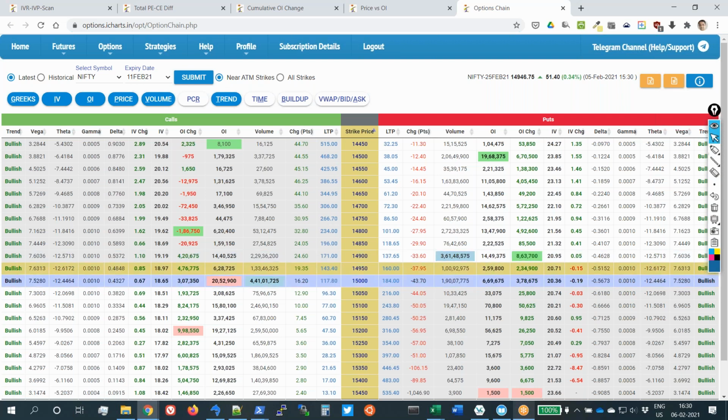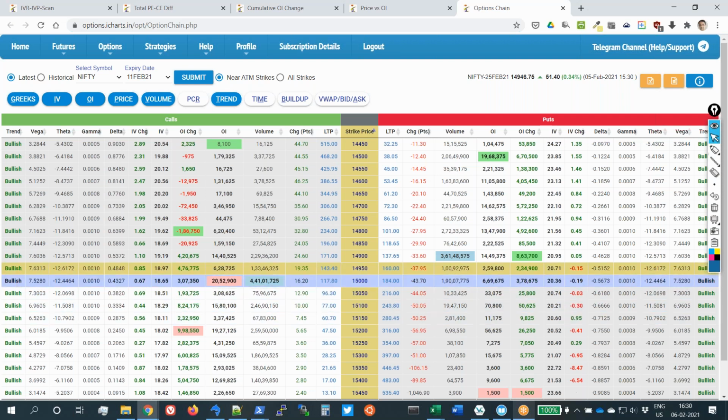If these are indicating bullish, both sides is important. If one side is bullish, you can't say that I'll go for call buy. Both sides have to be bullish. Then there is a good chance that the trend is bullish, and then you can go either for selling the puts or buying a call.